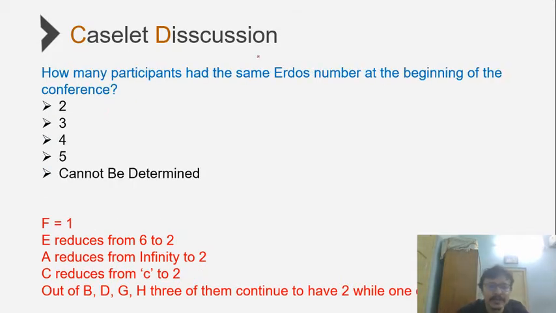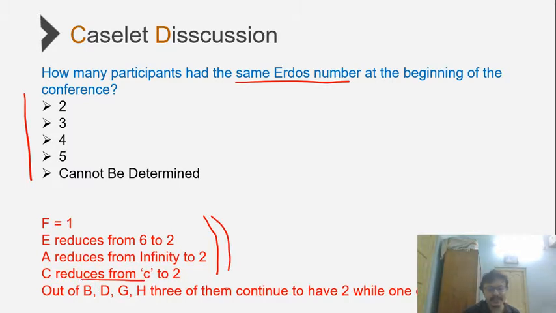The last one is asking how many participants had the same Earth number at the beginning of the conference. At the beginning of the conference, F, E, A and C, all 4 of them had different Earth numbers.